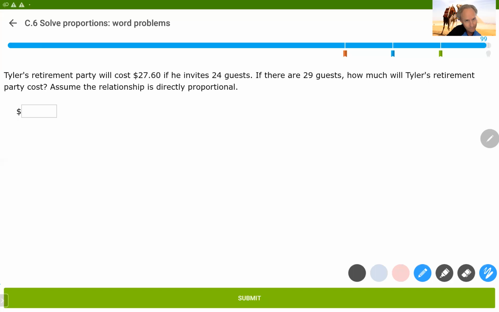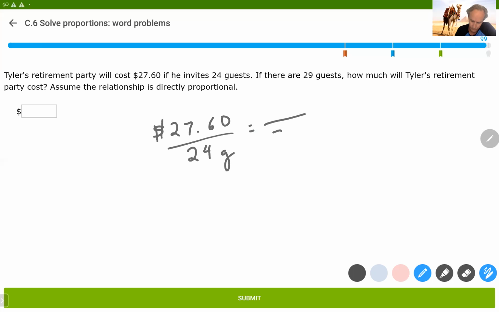One more. Let's see if I can get this one right. 2760 over 24 guests. And we want to change it to 29 guests. So 24x is equal to 2760 times 29.